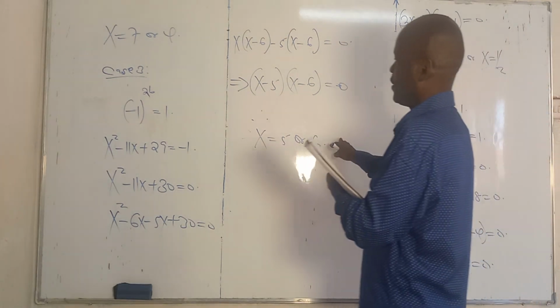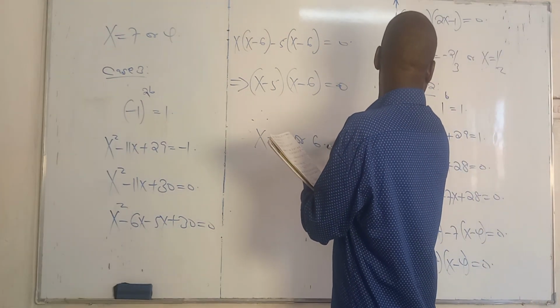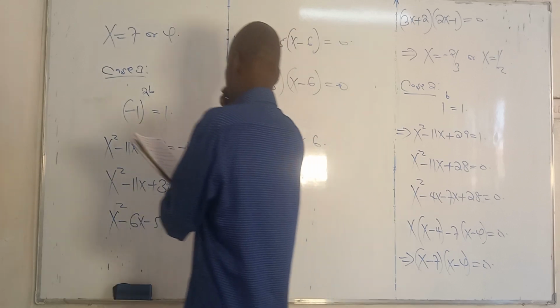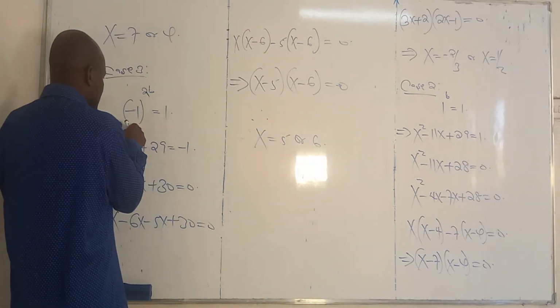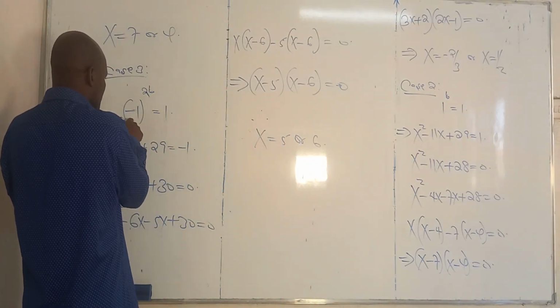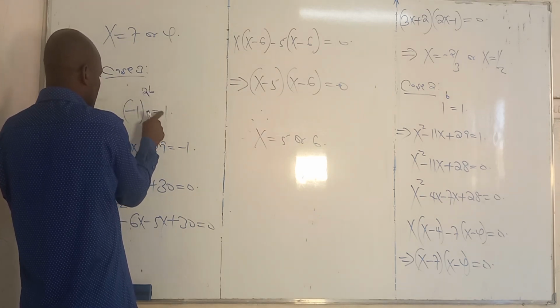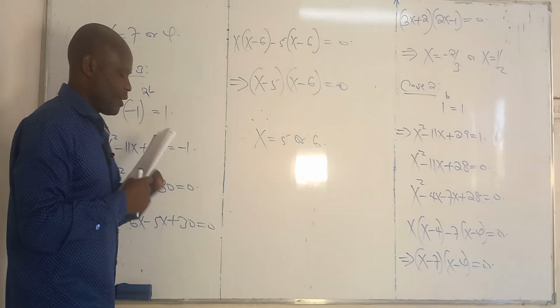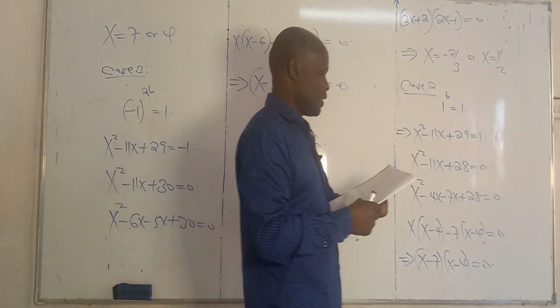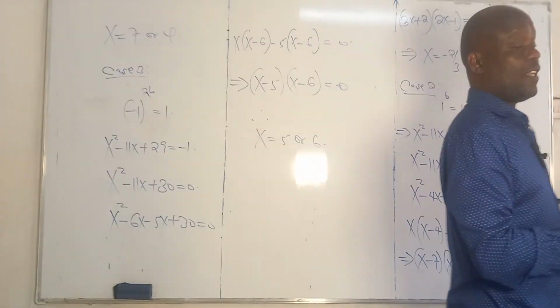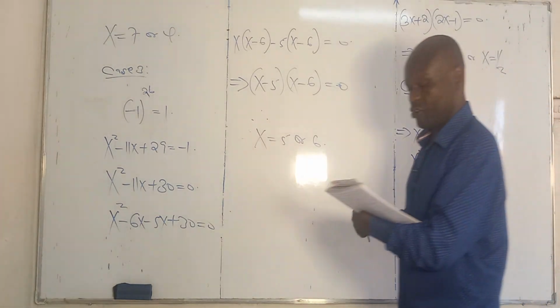But what this implies is that if it began with a negative and it's a positive, it means this has to be raised to some power. So we are expecting a substitution that gives us an even number.